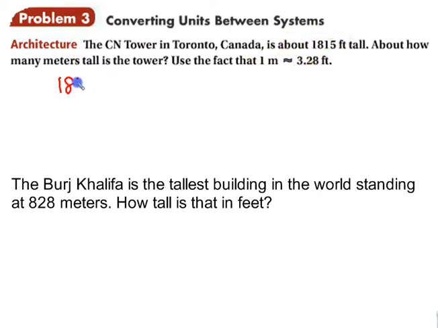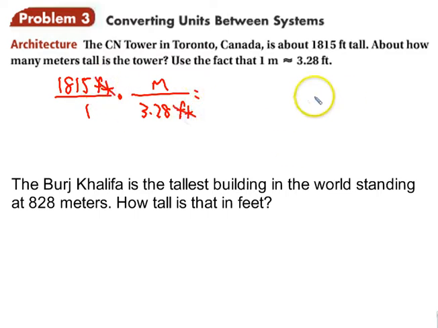So if I have 1815 feet, I'm going to multiply it by, is the feet going to go on top or bottom? I'm going to pretend like I heard you, and it's going to go on the bottom. Right? So then we cancel out feet, and we do the work, and that's going to give us the meters.